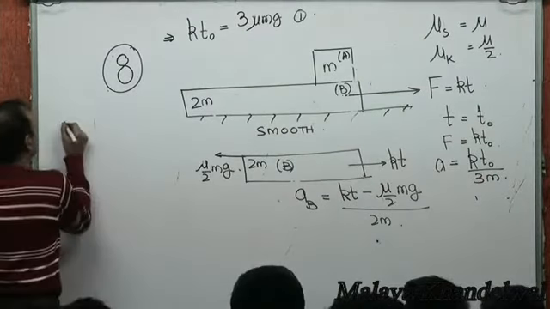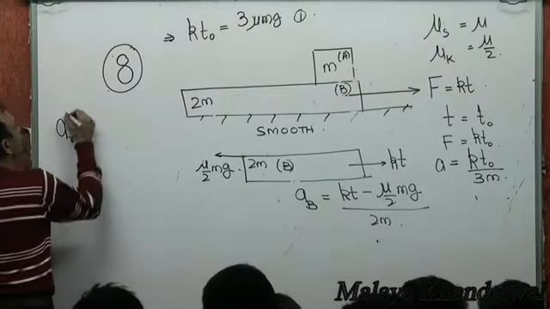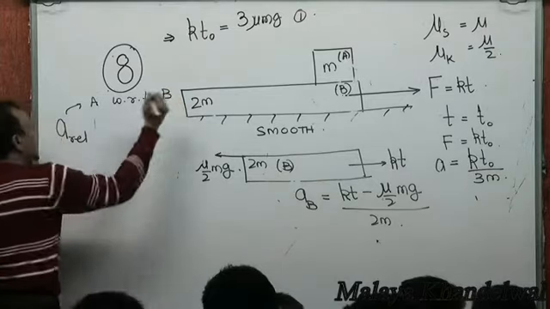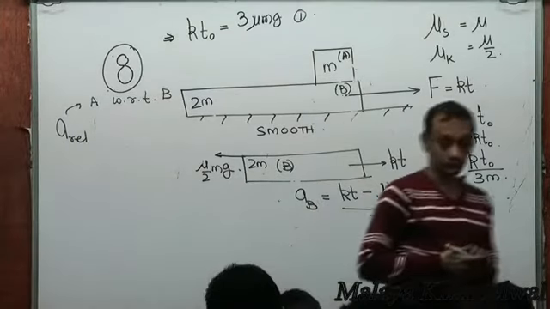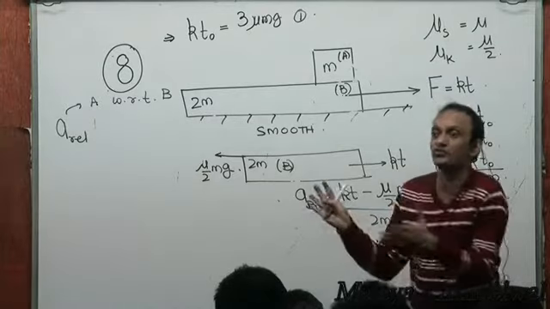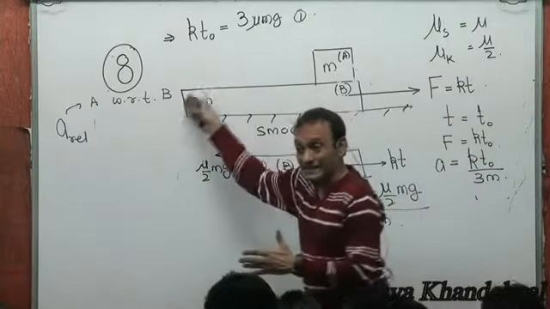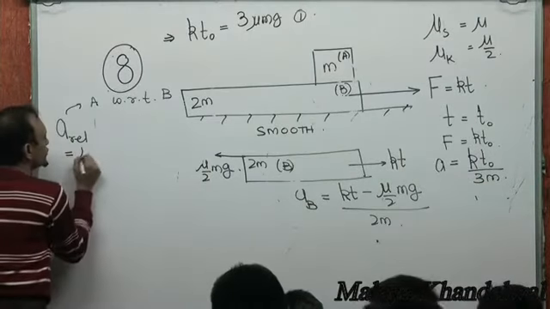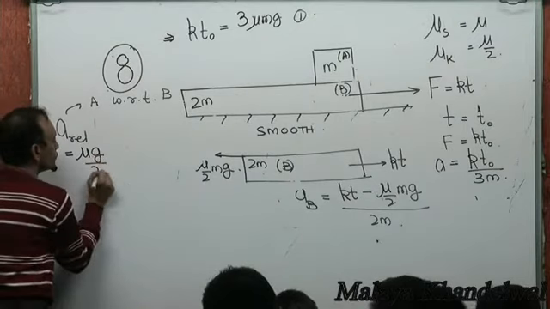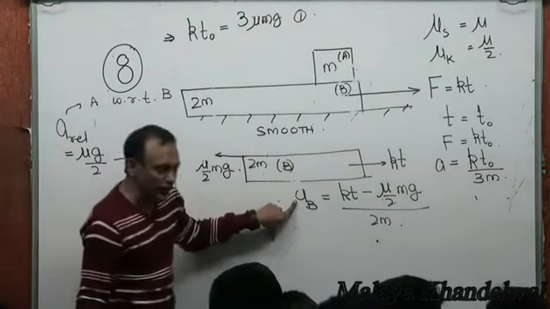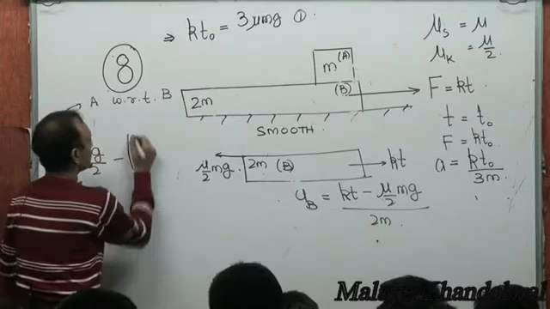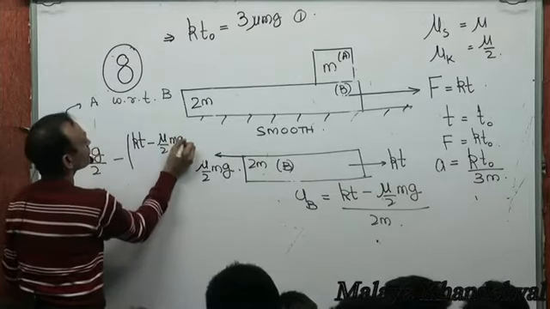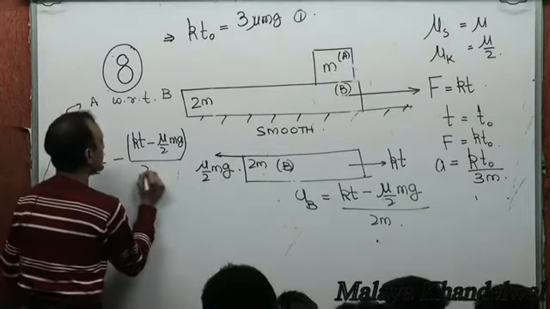Now the relative acceleration of A with respect to B, because I want to find the time that A slips over B, that A leaves B. This length is L. A rel is going to be the acceleration of A to the right, which is mu g by 2, minus the acceleration of B to the right, which is kt minus mu by 2 mg divided by the total mass 2m.